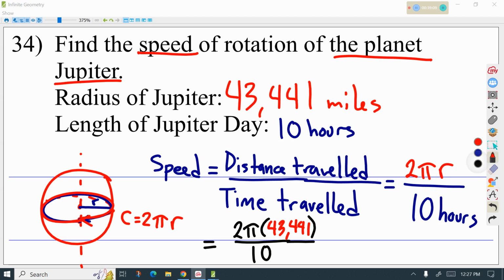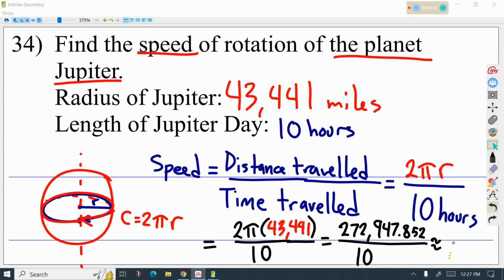And I would be looking at this number in my calculator. So I'm just going to write a little bit of everything so you guys can see what I have. So far I got 272,947.852. But when I divide that by 10 now, we'll have our final answer.